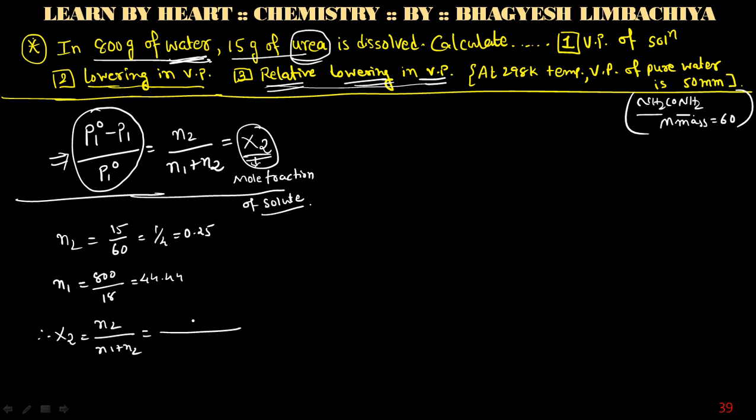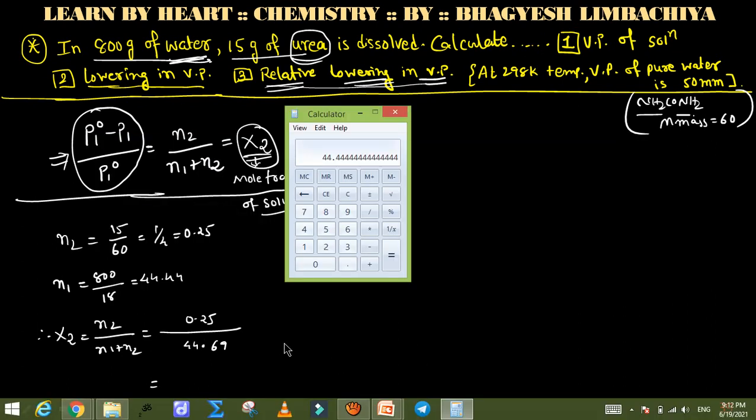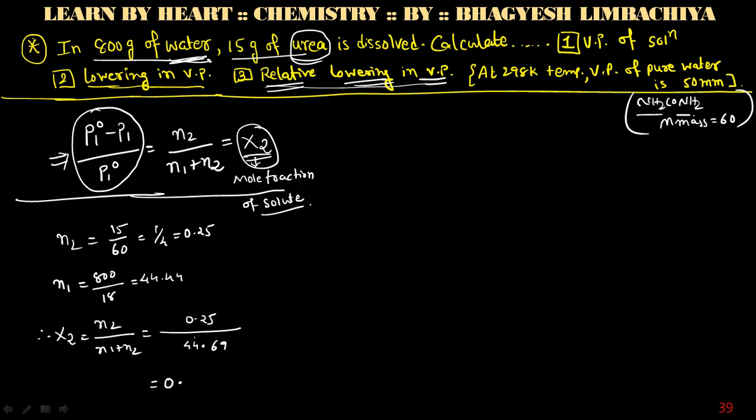So X2 will be N2 upon N1 plus N2. N2 is 0.25 and N1 plus N2 is 44.69, isn't it? So our answer will be 0.25 divided by 44.69. The answer is 0.0056.